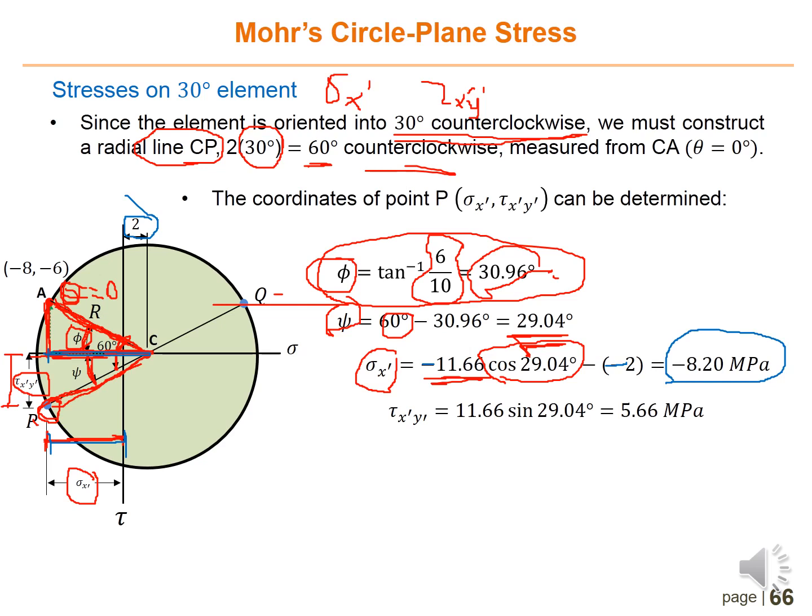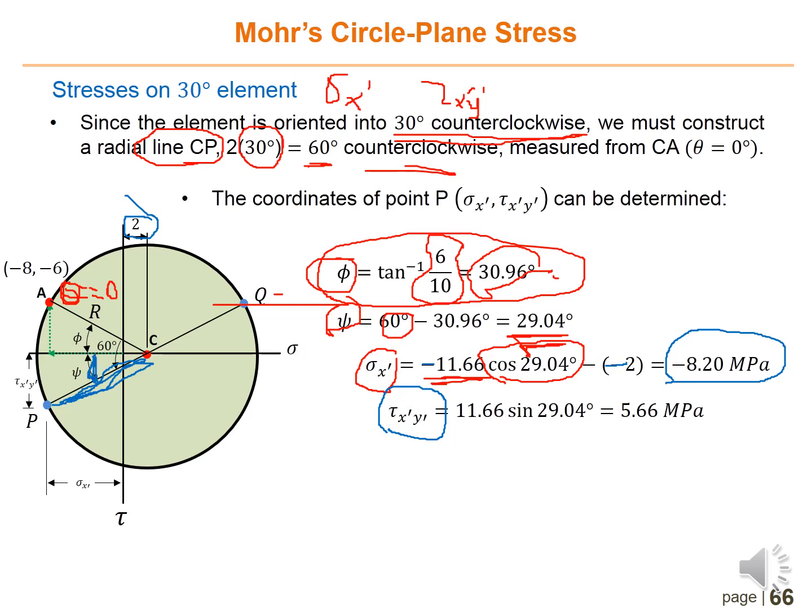Okay, so next is tau x prime y prime, which is this one. How to calculate that? You know this radius, which is 11.66, and you know this angle.